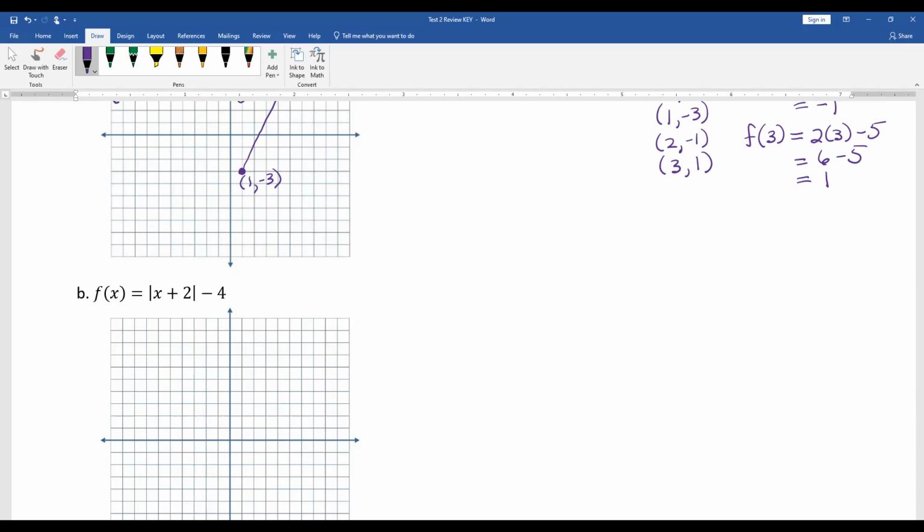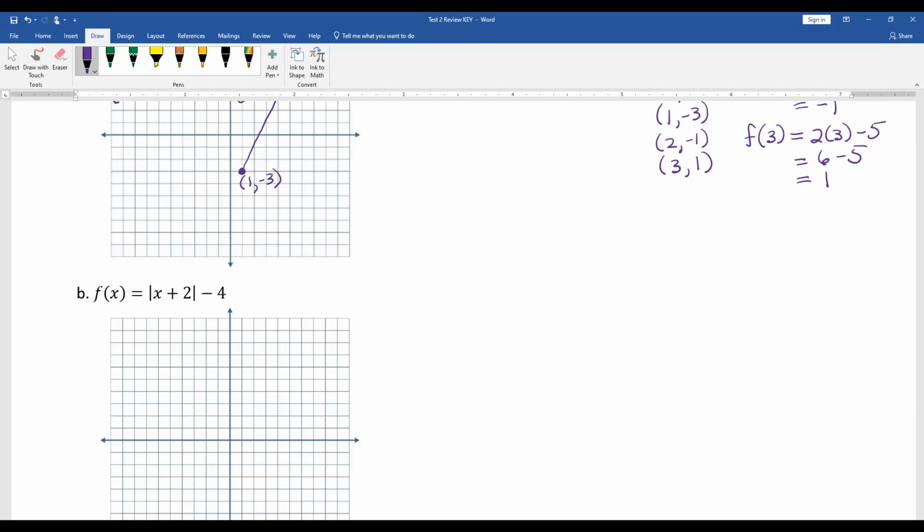What do we know about absolute value graphs? What do they look like? V's, always. So if you have absolute value in your function, you should never have a straight line, ever, because at some point y is positive.